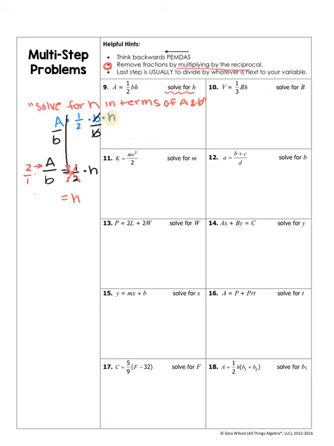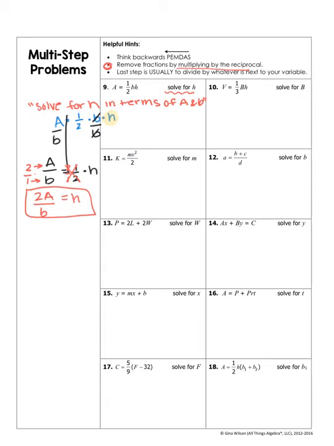So 2 times A is 2A, and on the bottom, 1 times B is B. So I have solved this for H in terms of A and B, and that would be your answer. I'm going to let you try number 10 on your own.